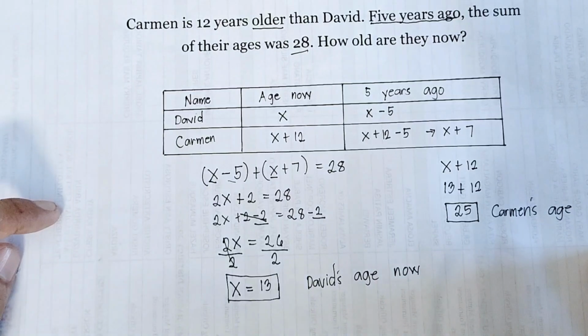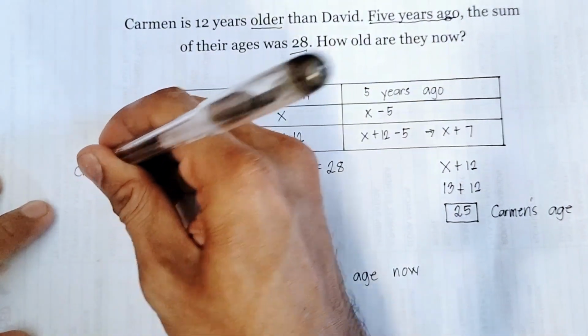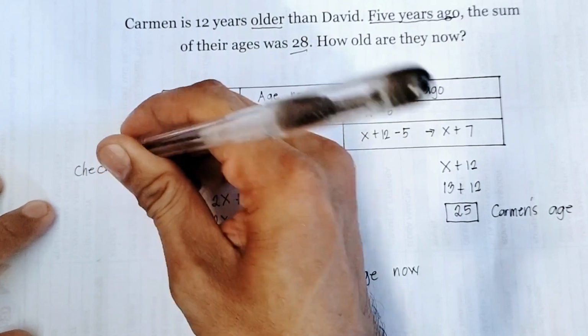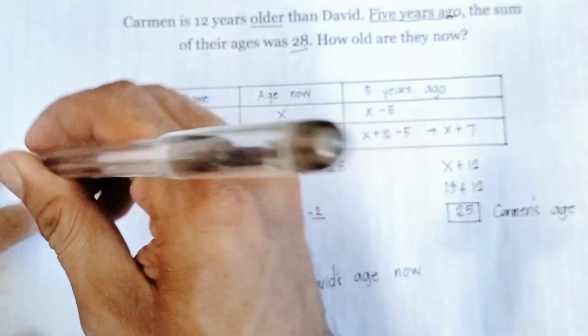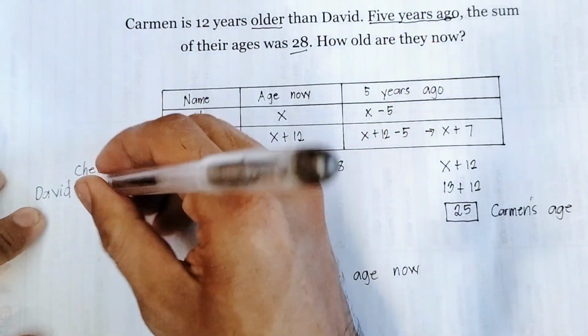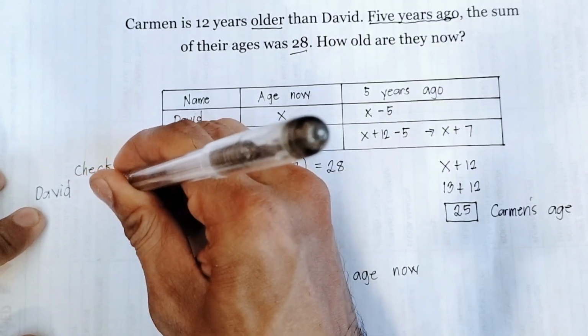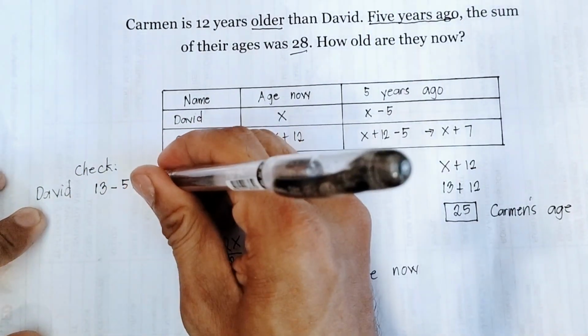Alright, now we have to check in order for us to be sure that our answers are correct. Let's check if the sum of their ages 5 years ago is equal to 28. We're gonna subtract their age now by 5. So for David, that is 13 minus 5 is equal to 8.